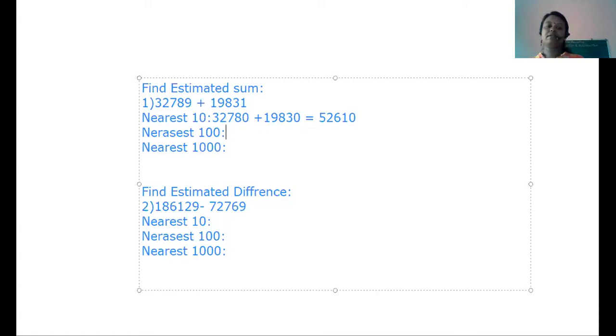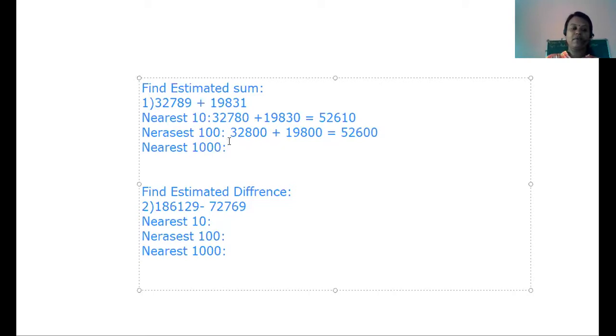In the same way, let us round off the numbers to the nearest 100. So we shall say 32,789 is nearest to 32,800 plus 19,831 is nearest to 19,800. So addition of this again we follow as 32,800 added with 19,800 results to 52,600.